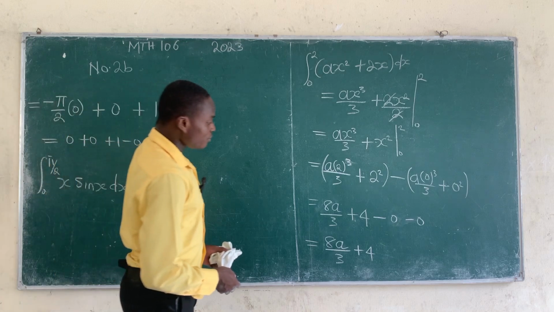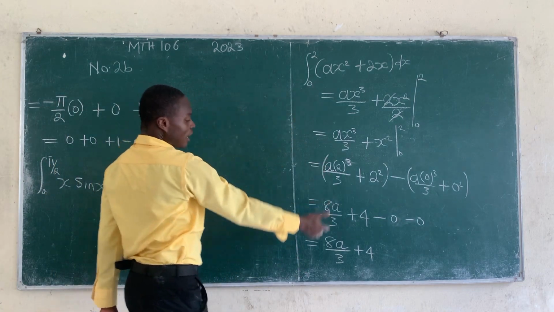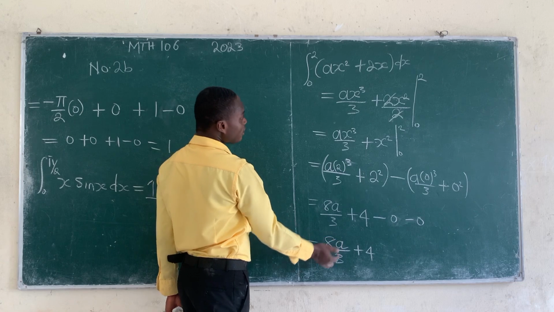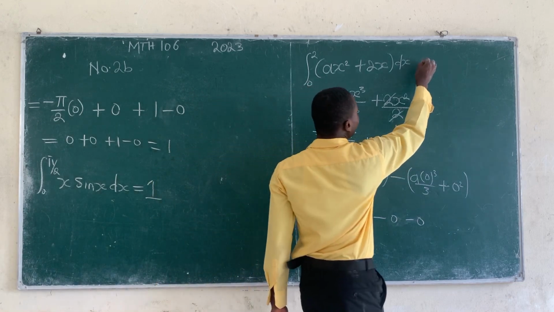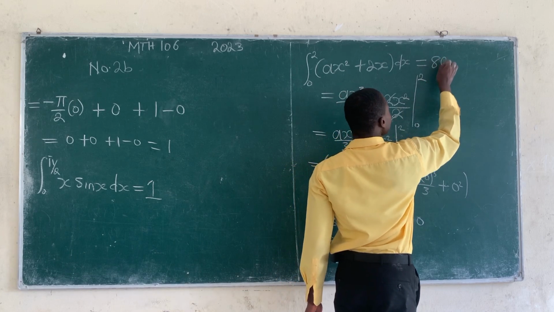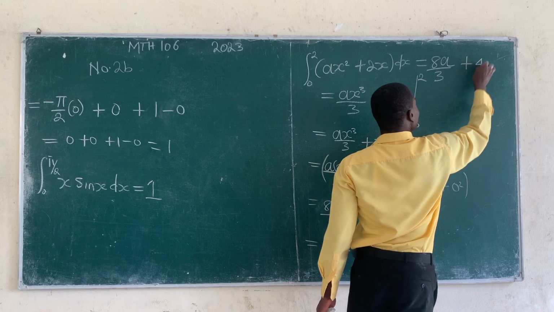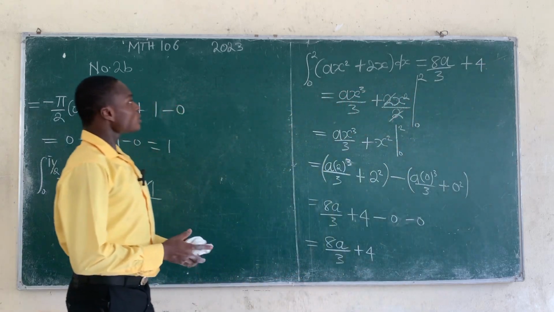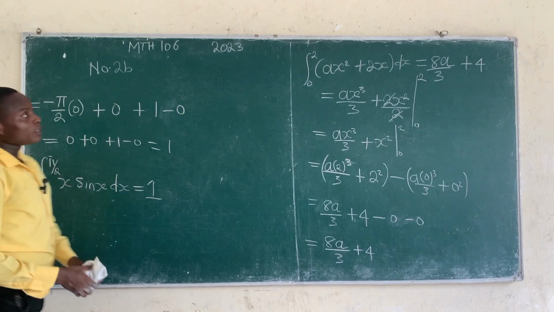But if you could remember, the question did not ask us to find this. They asked us to find the value of a. But we have seen that this integral is equal to 8a over 3 plus 4.